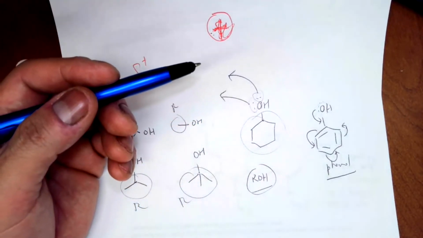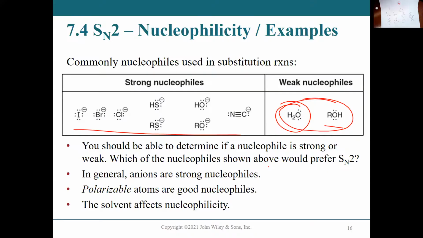All right, so let's continue with substitution. I like this chapter, you can definitely tell. Next, we have the weak nucleophiles. Remember this table right here. Anything else could be a strong nucleophile. As you can see, among the strong nucleophiles you have I minus, and normally they are all negatively charged.